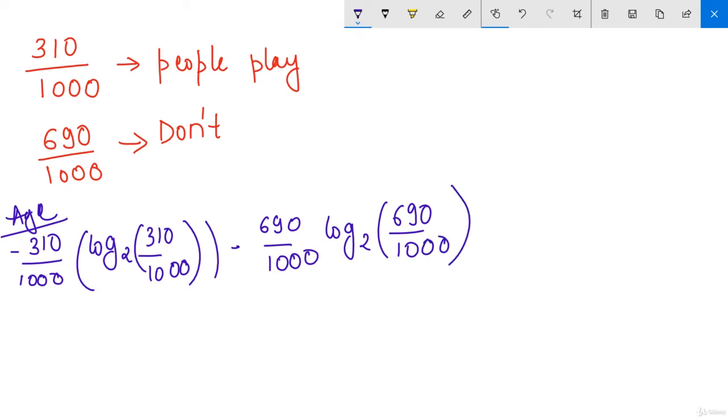Okay, guys, you calculate the value. Values are not important here. I'm just trying to explain how it is done.